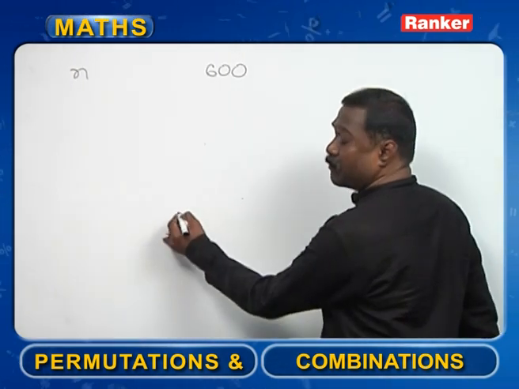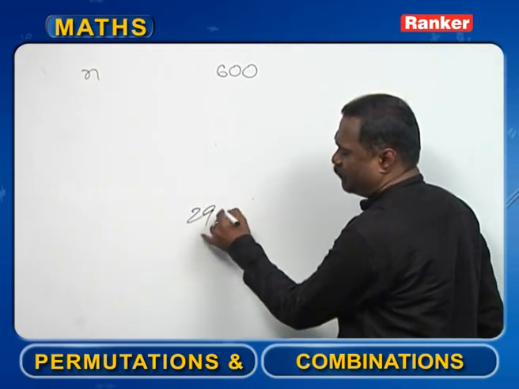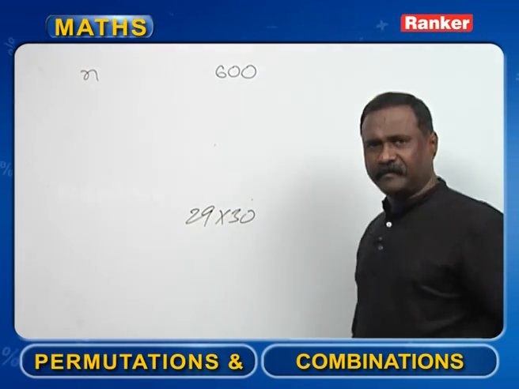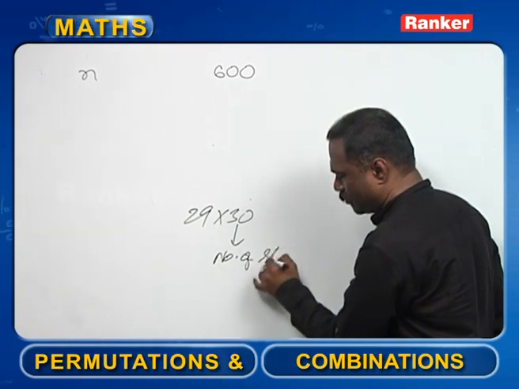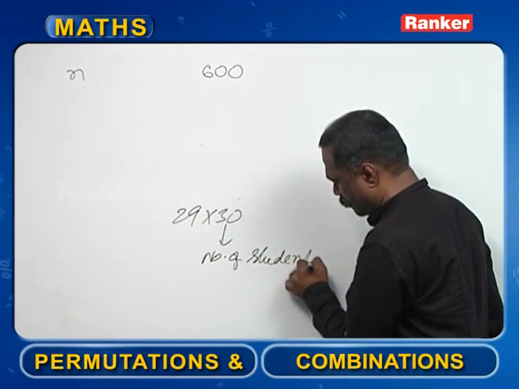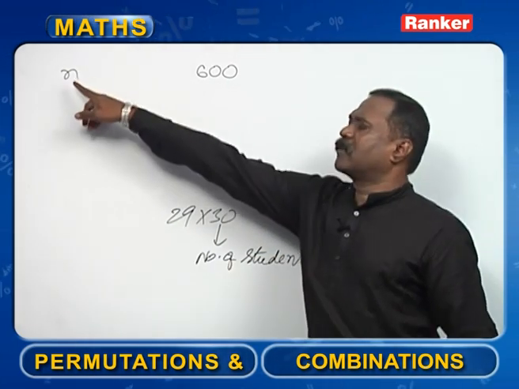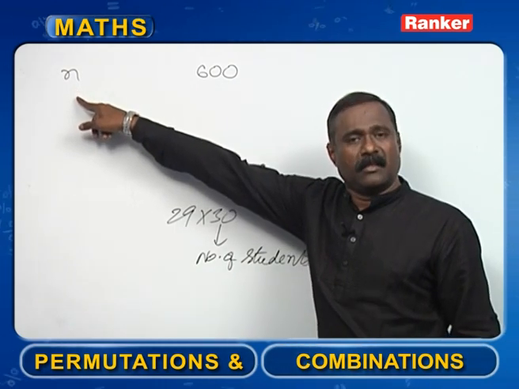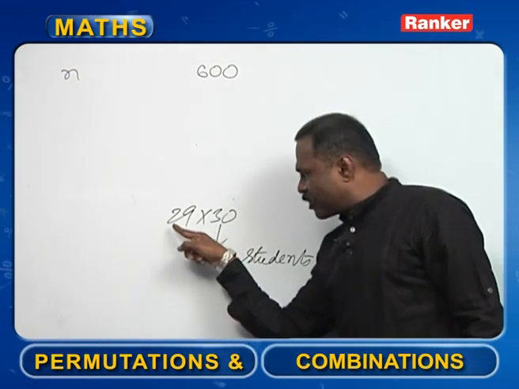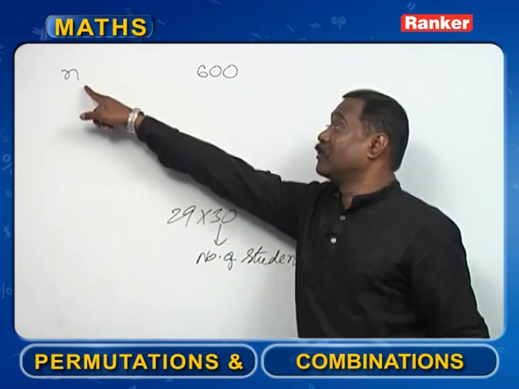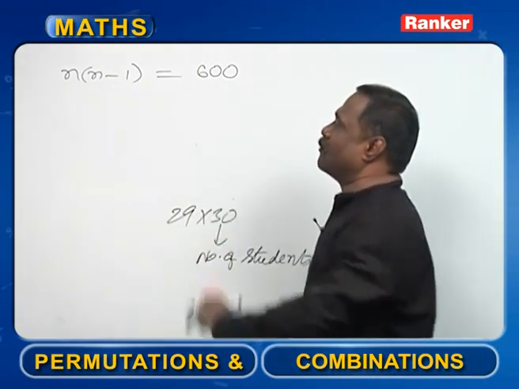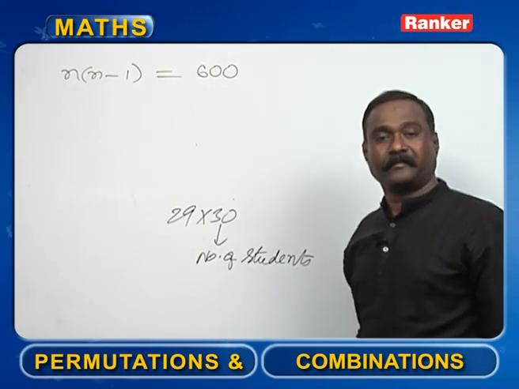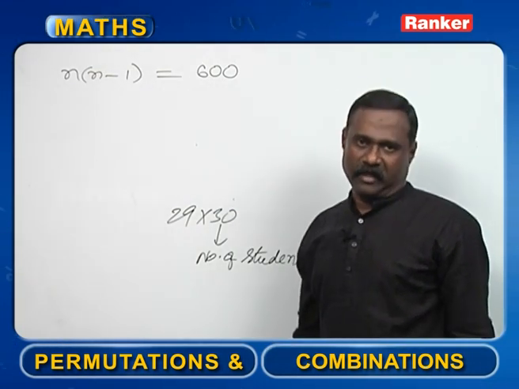In the earlier case, 30 students meant 29 into 30 cards. Now, because we don't know the number of students, we have taken it to be n. Then each student has to purchase n minus 1 cards. So n into n minus 1 is equal to 600.